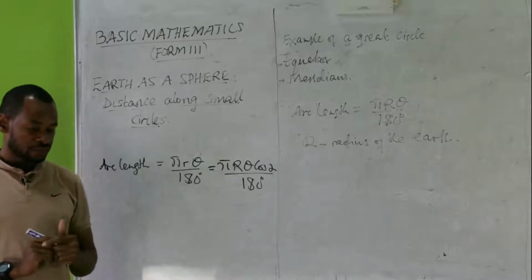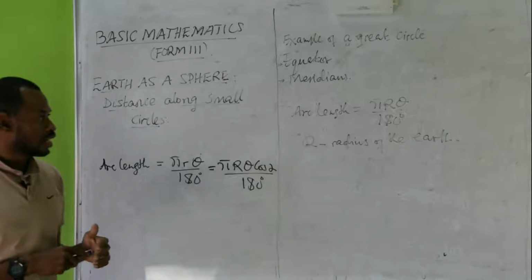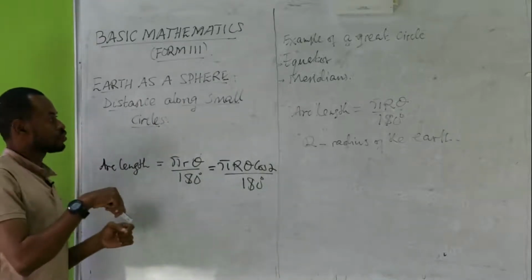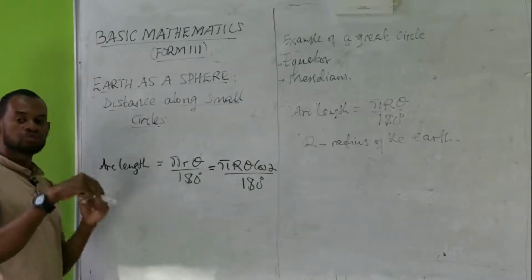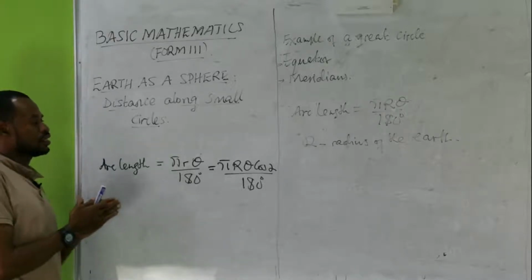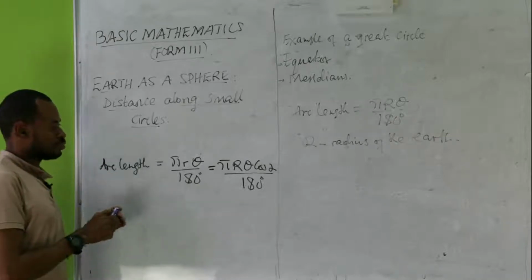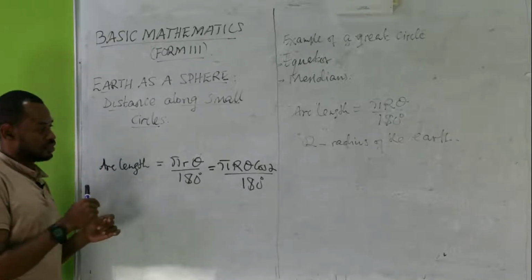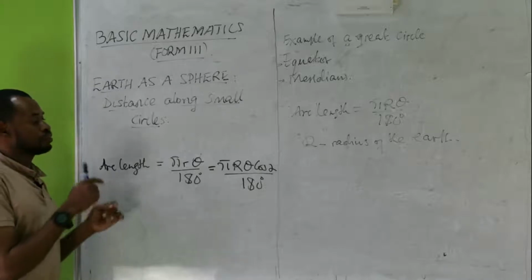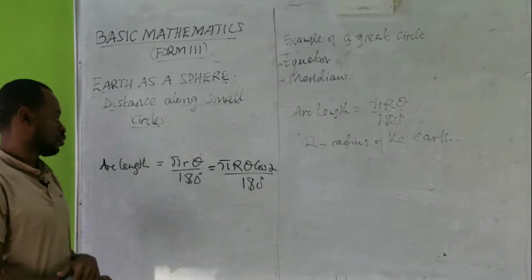So simply, to find the distance, the arc length or distance along a small circle, we just find the arc length of an arc subtended by the two radii by the angle theta from the center of that small circle.